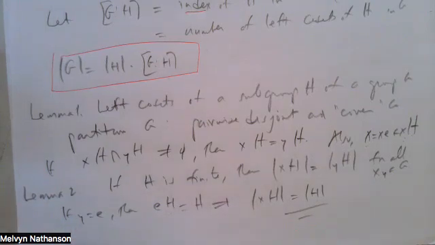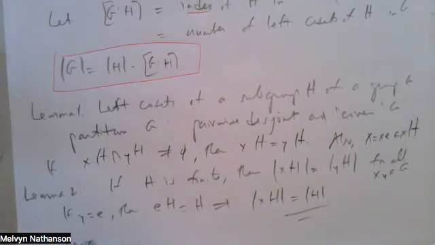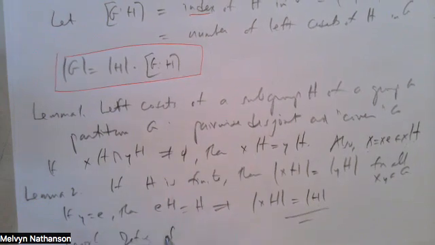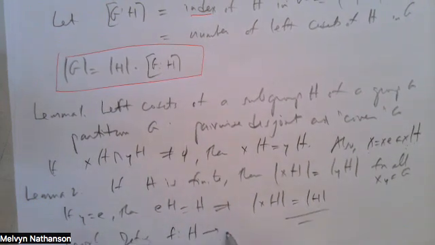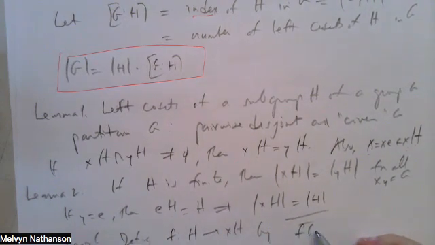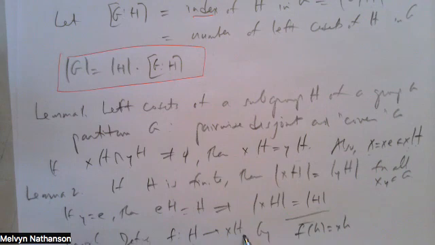The proof of this, by the way, there are lots of ways to prove it. One of the simplest is you can define a function f from H to xH by f of an element h is x times h. So this is one-to-one and onto. So this is a bijection.